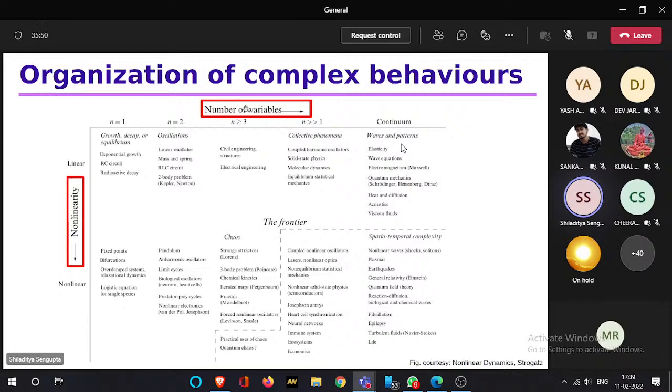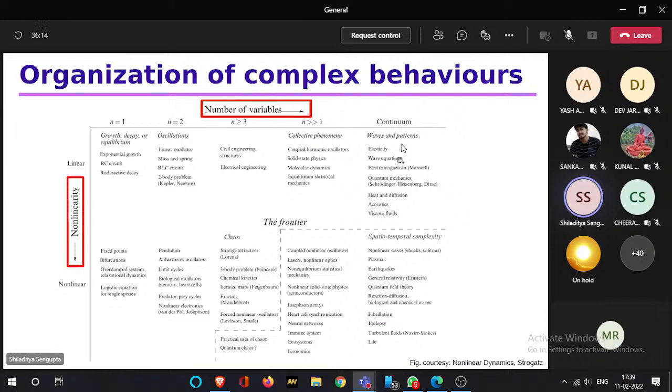So the idea is that we have arranged this using two variables, two axes. The first axis is the number of variables required to describe that process. As you increase the number of variables, it becomes more complex. Now there is a catch here.